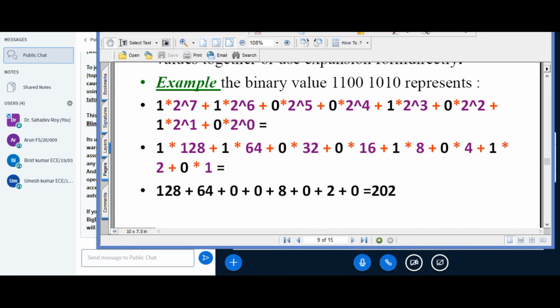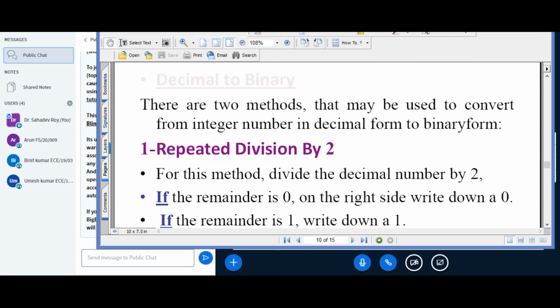So it is better to use a bracket. You use a bracket here, and below it you write 2. 11001010, use a bracket and write 2. Then the representation is complete.